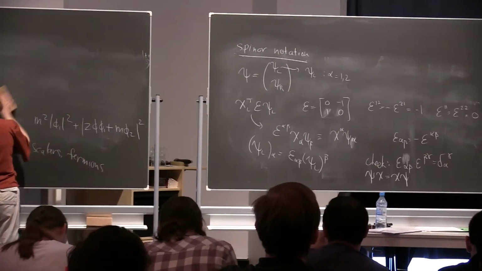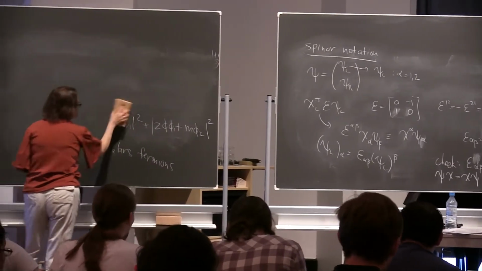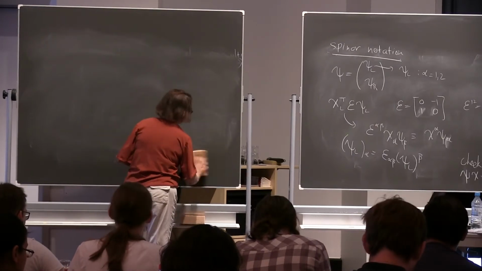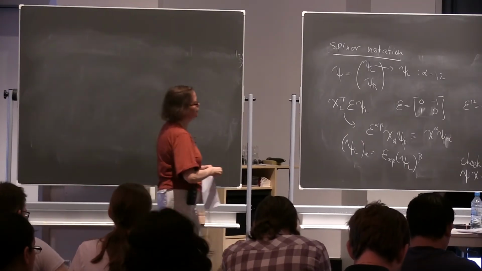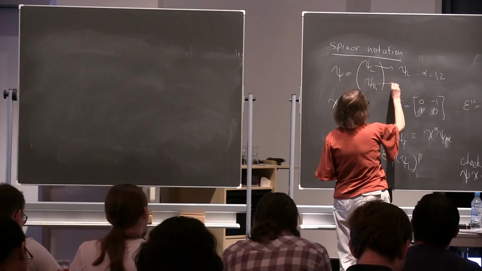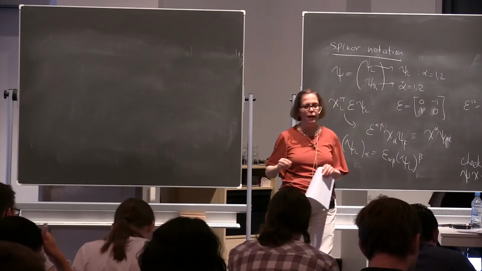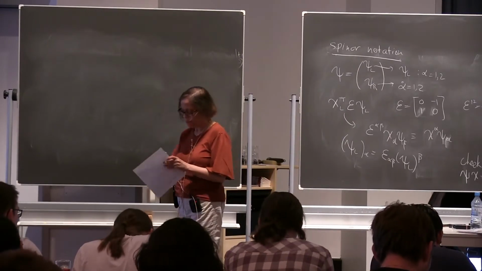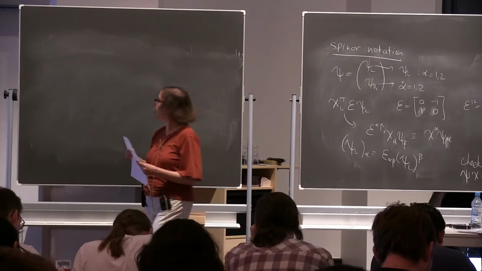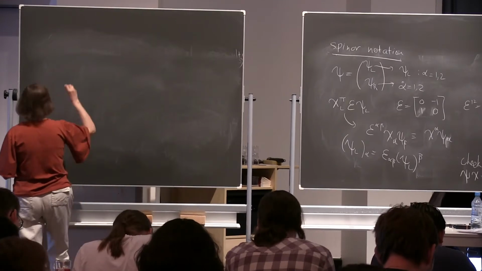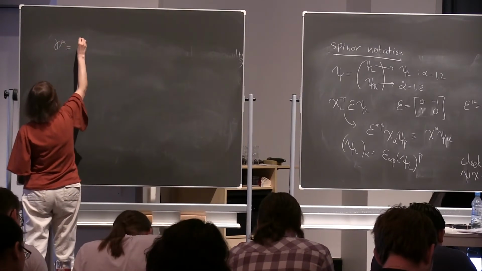So the right-handed spinors we want to label by dotted indices. So for these guys we're going to use dotted indices which also take the values 1 and 2. And then there are a bunch of things to notice. First of all, the gamma matrices.